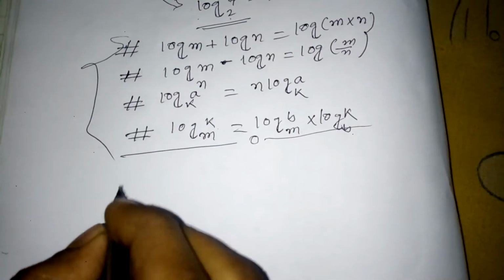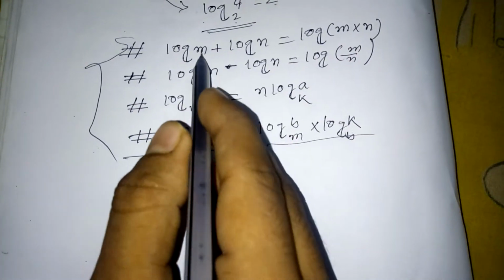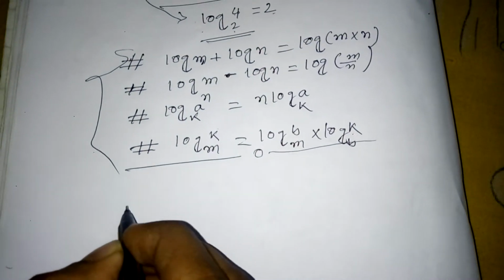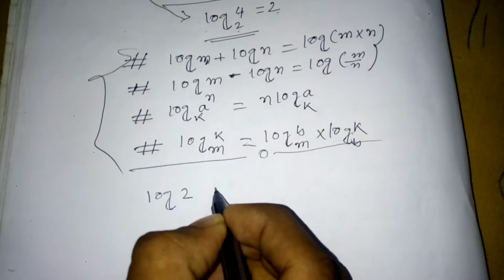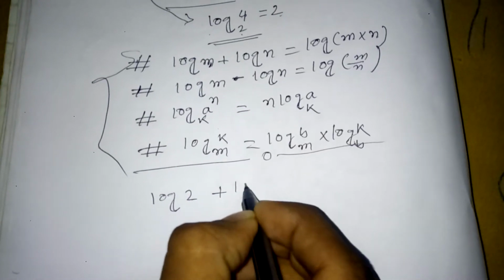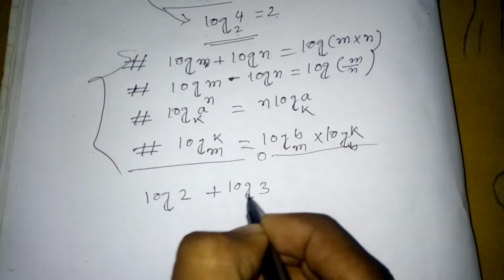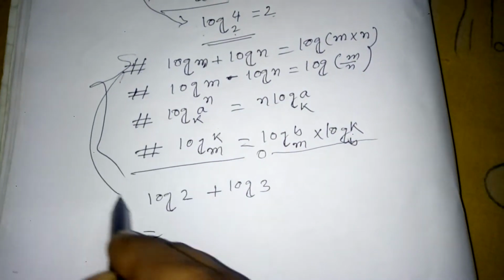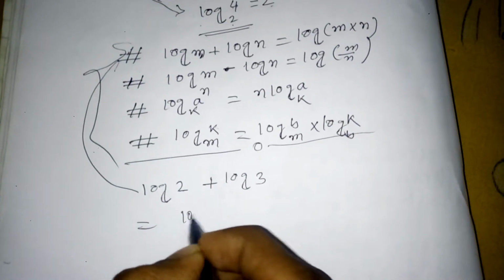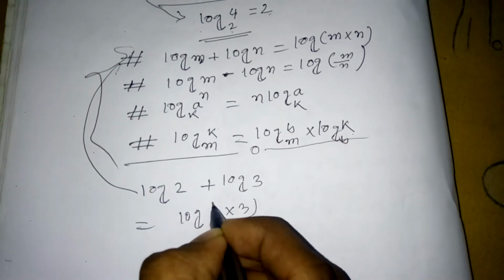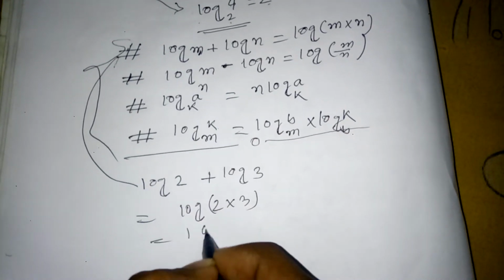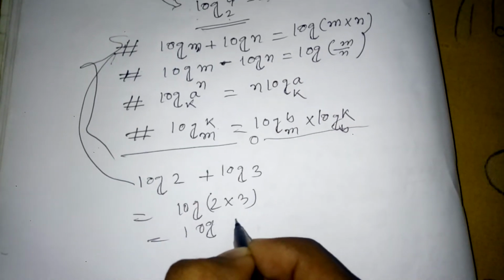Let us take an example of these formulas. Let us write log of 2 plus log of 3. From the first formula we can write log of 2 cross 3 is equal to log of 6.